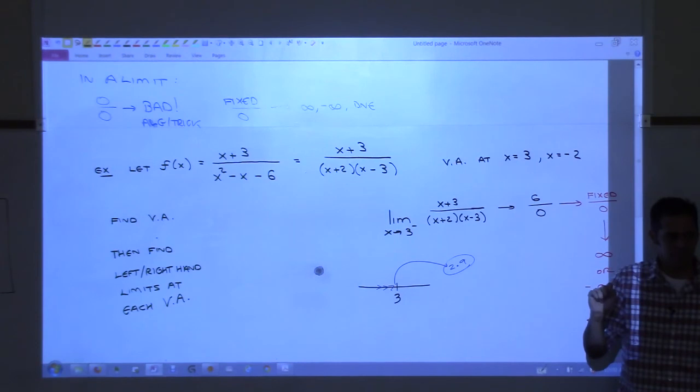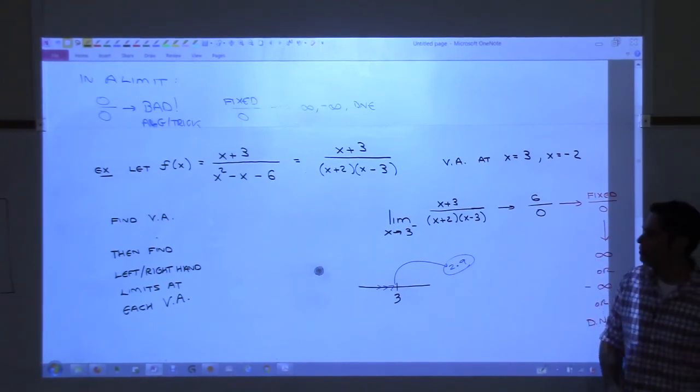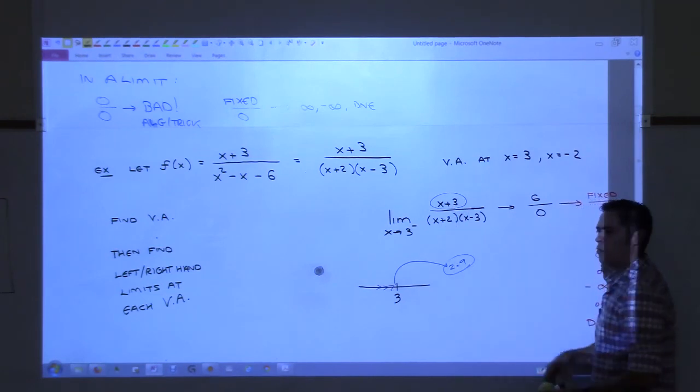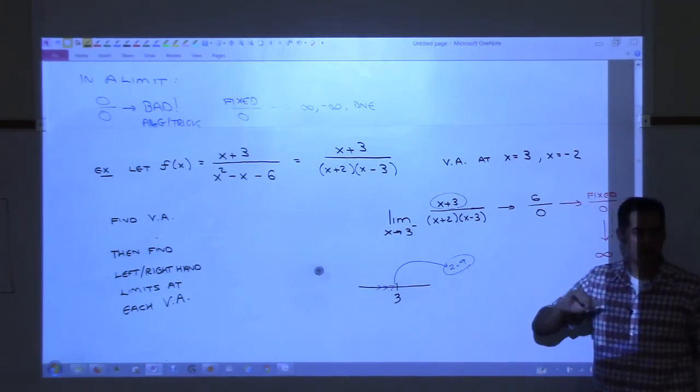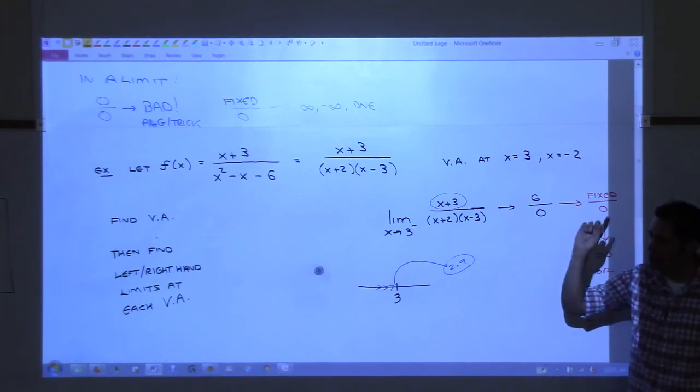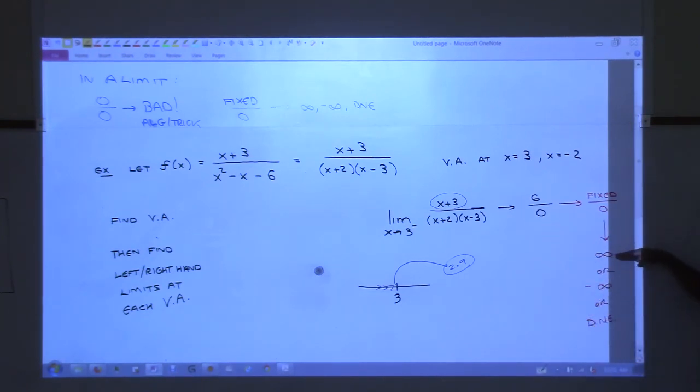Just imagine what would happen. Tell me about this value right here. Would it be positive or negative? Positive. And that's all I'm going to look at right now, whether it's positive or negative, because I know it's either this, this, or this. I'm going to see if I can determine if it's positive or negative.